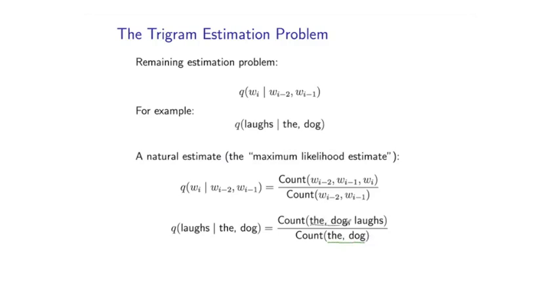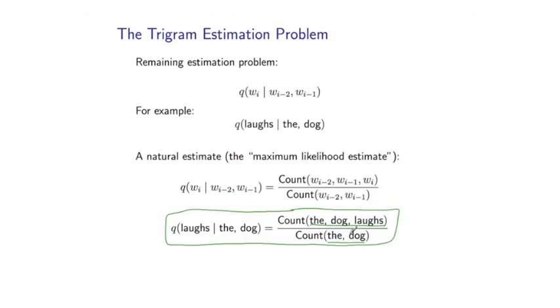Count of the dog laughs would be the number of times I've seen the trigram sequence, the followed by dog, followed by laughs. And the maximum likelihood estimate, which I've written here for this example, is the ratio of these two terms. So I have the ratio of the trigram divided by the count of what we often call the bigram, the sequence of two words that we're conditioning upon.